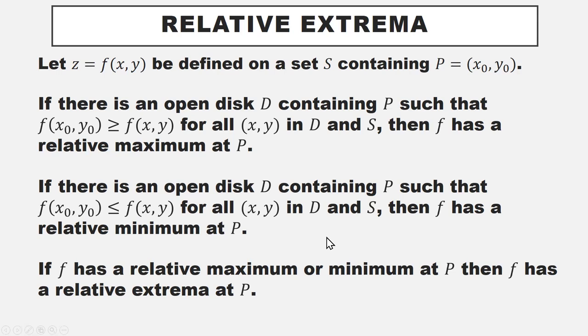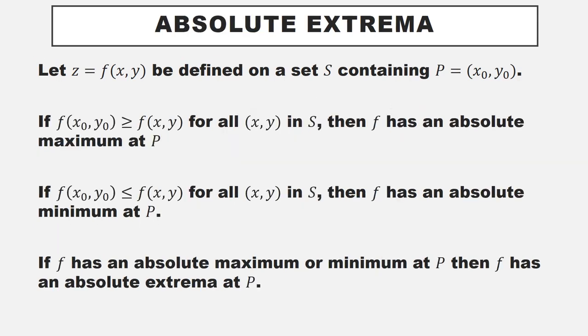Now, it should be clear that if we have an absolute maximum, an actual achievable point that's an absolute maximum, then it's also going to be a relative maximum. If we have an absolute minimum, then it's also going to be a relative minimum, because if this holds universally, then it's obviously going to hold in an open disk around that point.